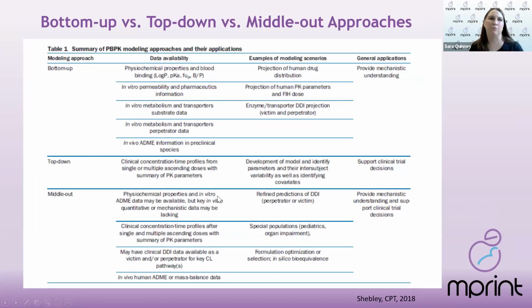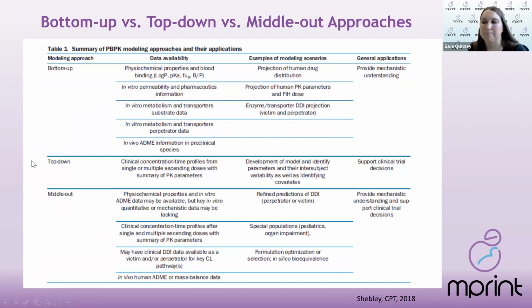Again, as I mentioned previously, PBPK tends to be a bottom-up approach where we take the available data from physicochemical properties, in vitro assays, and potentially some in vivo preclinical ADME or early clinical phase PK to project disposition of the drug in humans. This allows for information on first-in-human dosing, enzyme and transporter drug interactions, and in general provides a mechanistic understanding that supports use of these models in special populations.